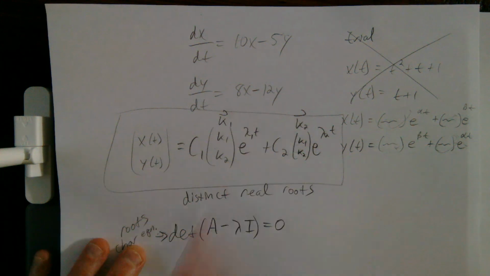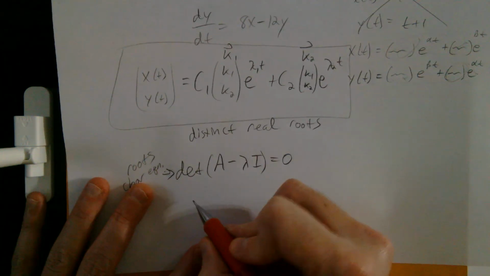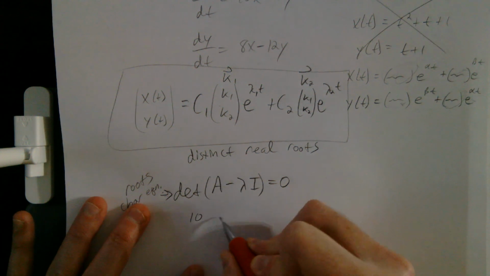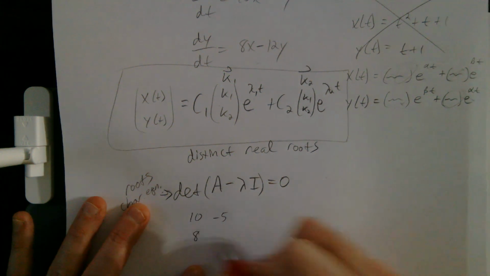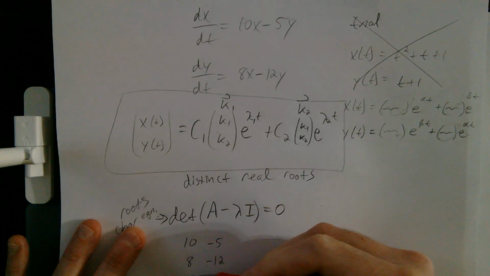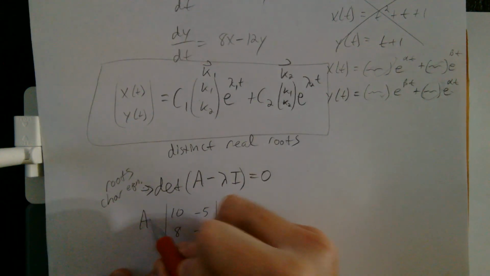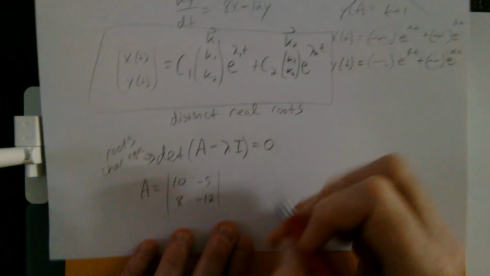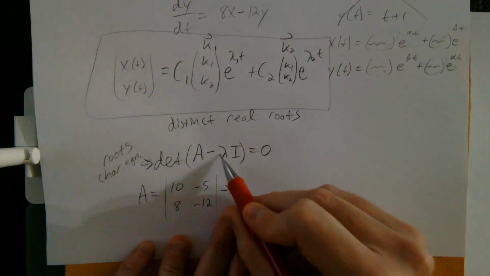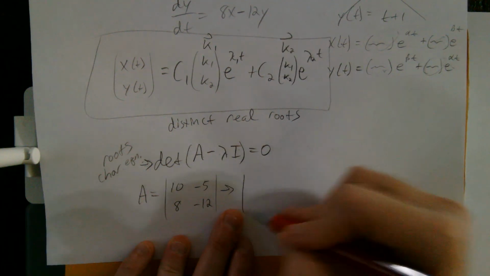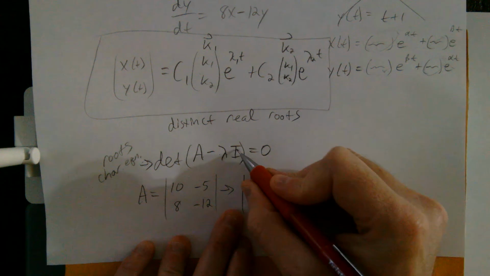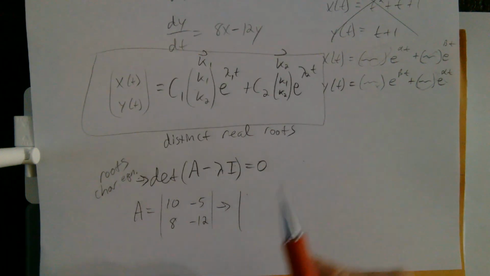10, negative 5, 8, negative 12. If these equations are stacked, then we can just write down the coefficients as we see them, with the first column being our x column and the second being our y column. That's our A coefficient matrix. So A minus lambda I. Remember, I is the identity matrix, 1, 0, 0, 1.